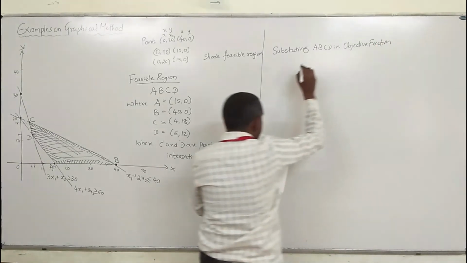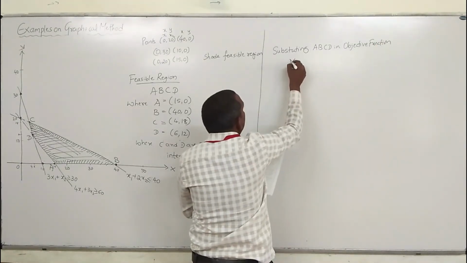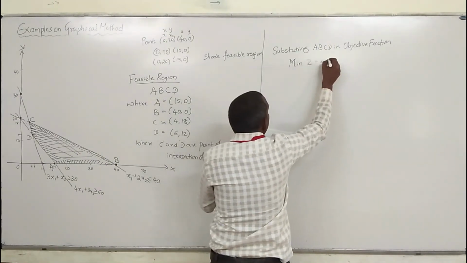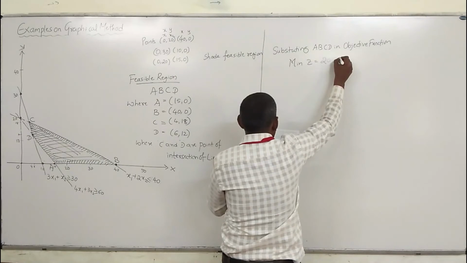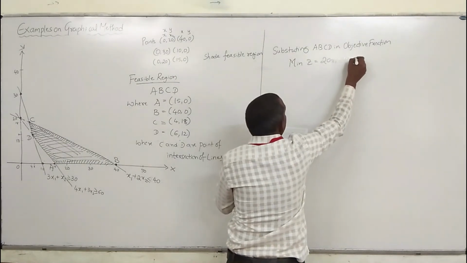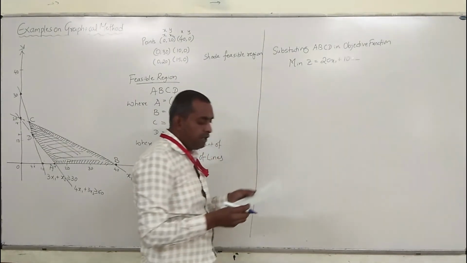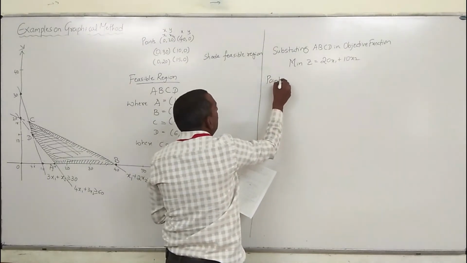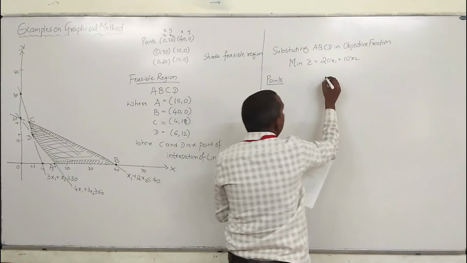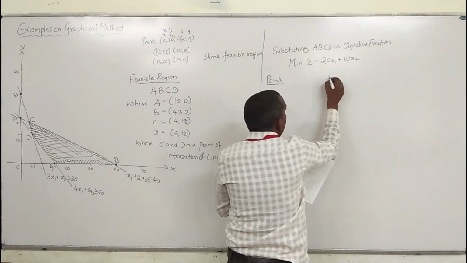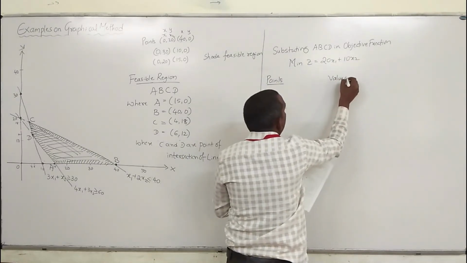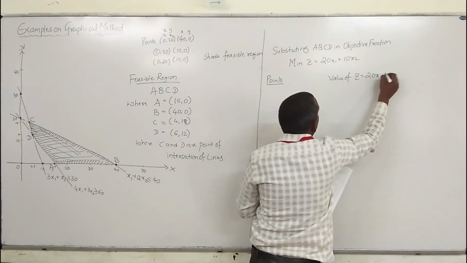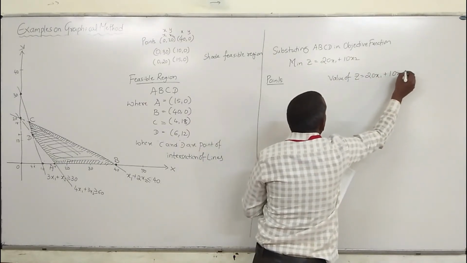So what is the objective function here? That is min z is equal to 20x1 plus 10x2. So these will become points, and this will become the value of z is equal to 20x1 plus 10x2.